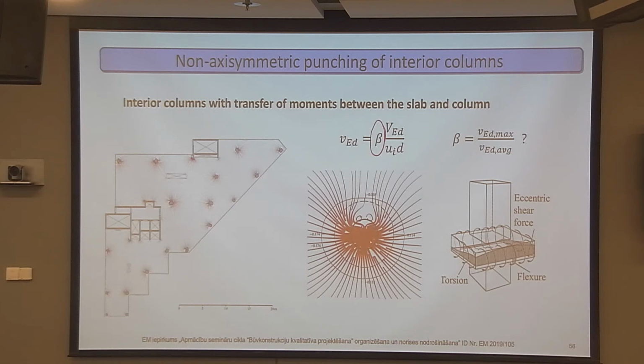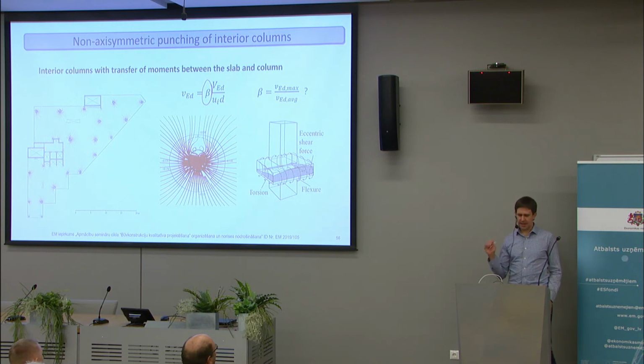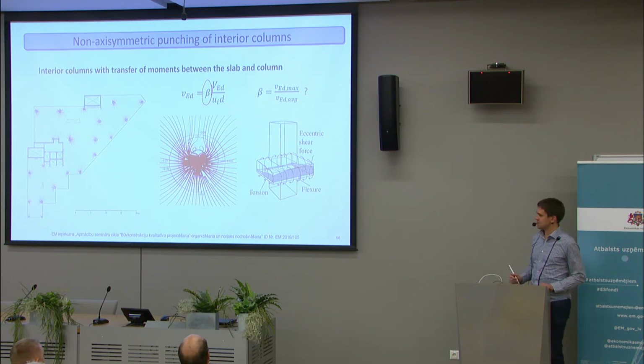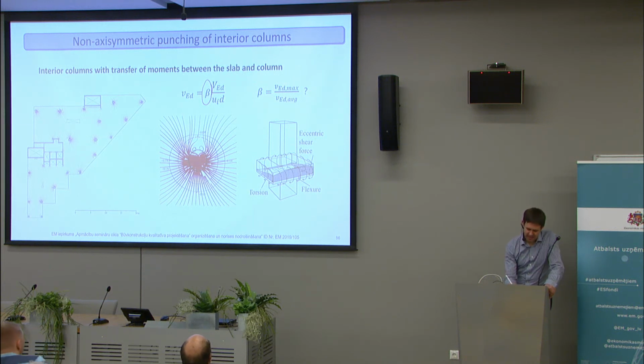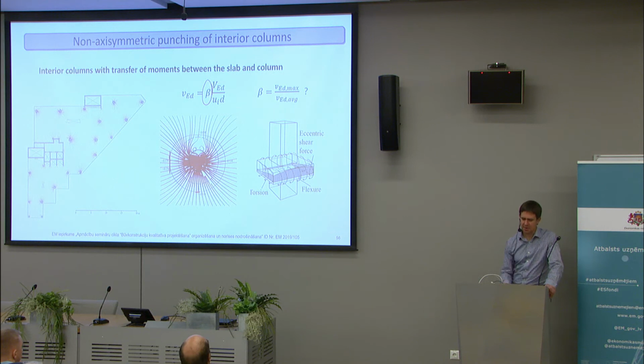It's not really clear what to do outside of the cases that the Eurocode gives formulas for beta for. So in Model Code, there is a similar factor called ke, I think, which is clearly defined as, in a general case, the maximum shear force divided by the average shear force, which basically means that you have to look at the average shear force on the control perimeter, or shear stress, and you have to design against this.